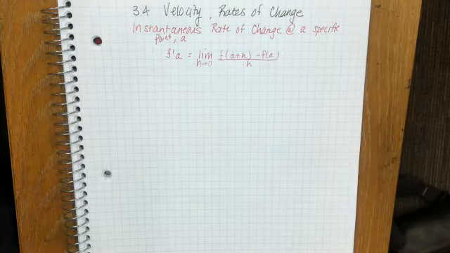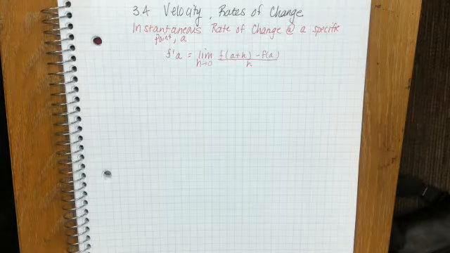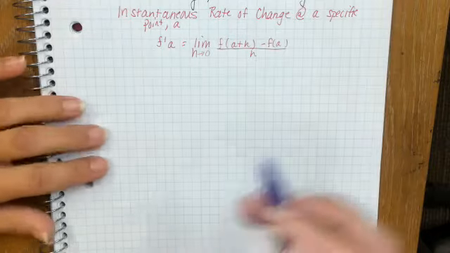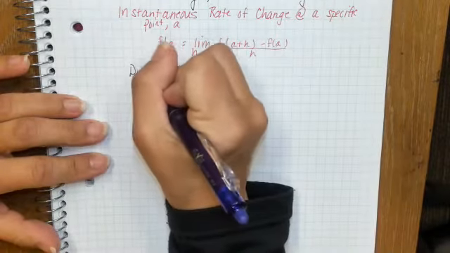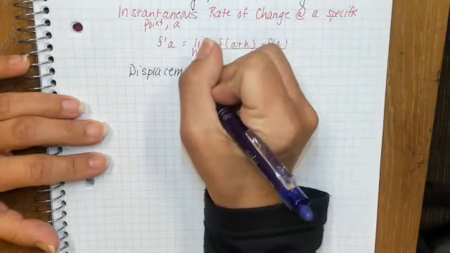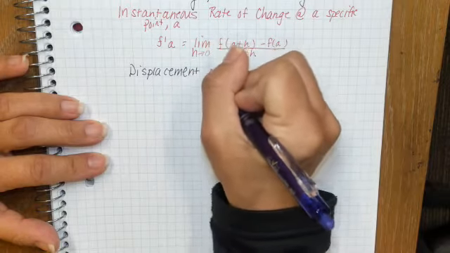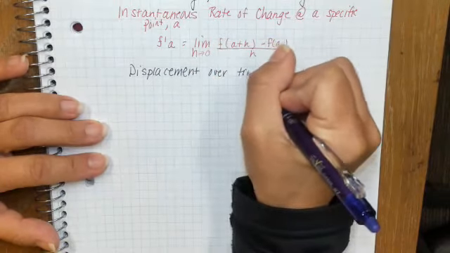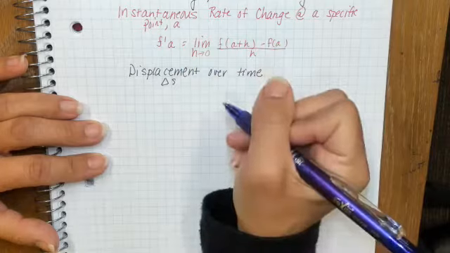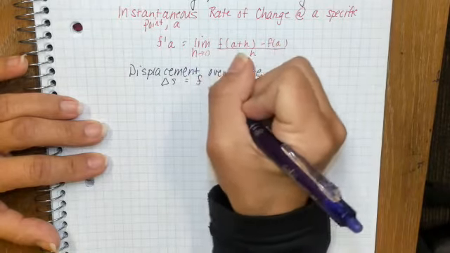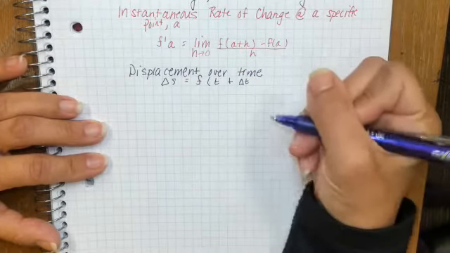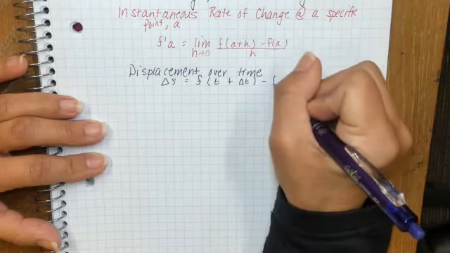Let's look at displacement. Your displacement over time, that is delta S. It's going to equal f of t plus some delta t, change in time, minus f of t.